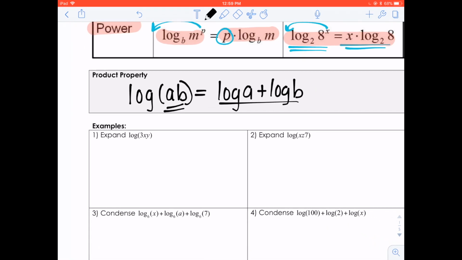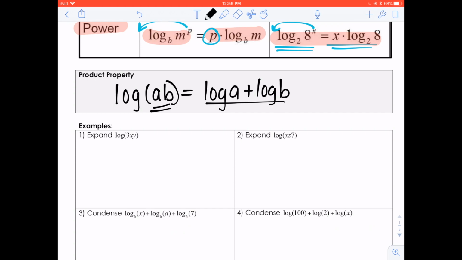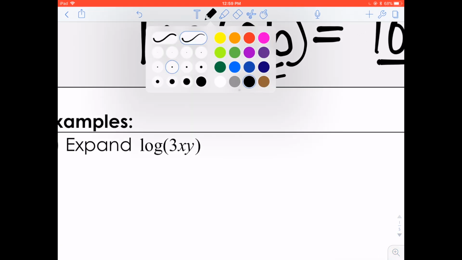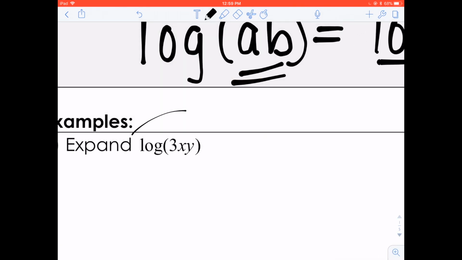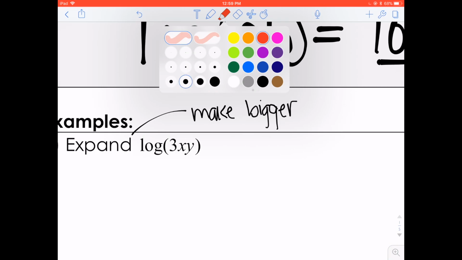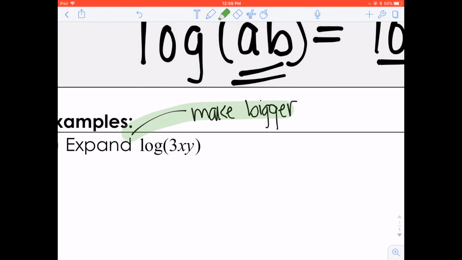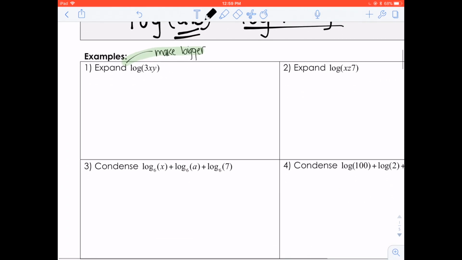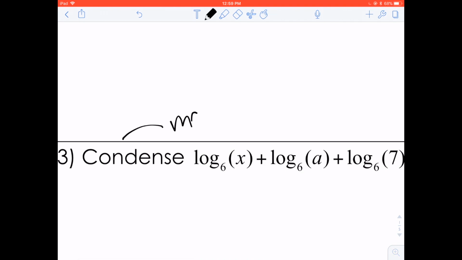Now, when you are doing examples, you'll be asked to do two different things, either expand or condense. Expand means to make bigger, okay? So make sure you are aware of that. Okay, so we're going to be making it bigger. Condense, on the other hand, means to make smaller.